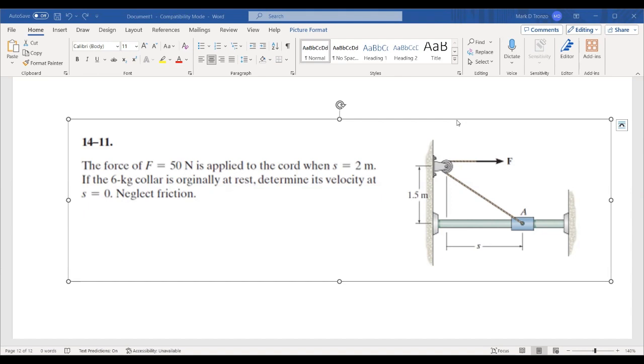It says the force F equals 50 newtons is applied to the cord when s is 2 meters. If the 6 kilogram collar is originally at rest, determine its velocity when s is equal to 0. Neglect the friction.